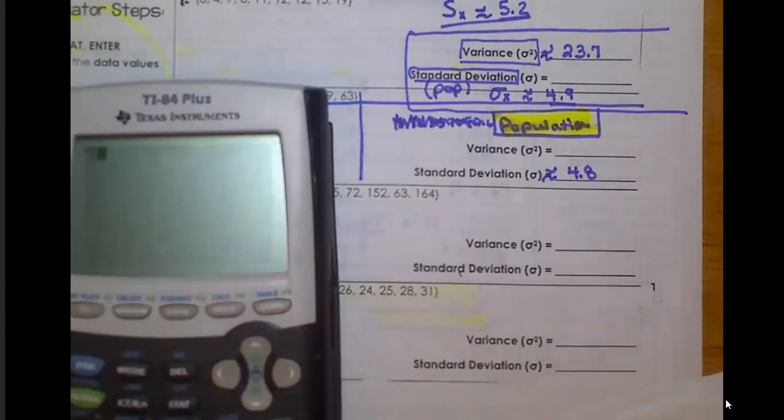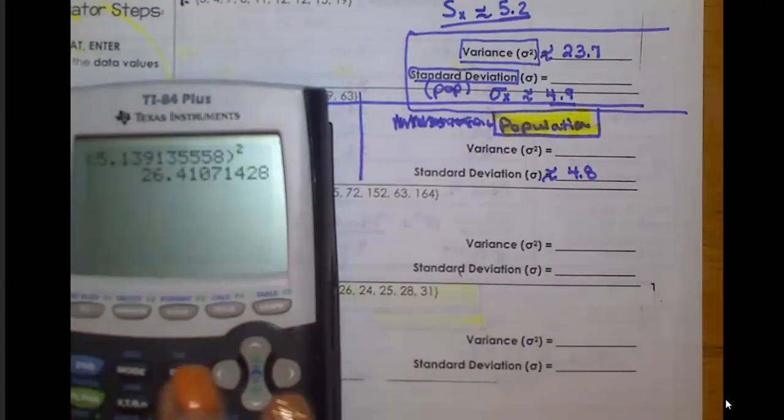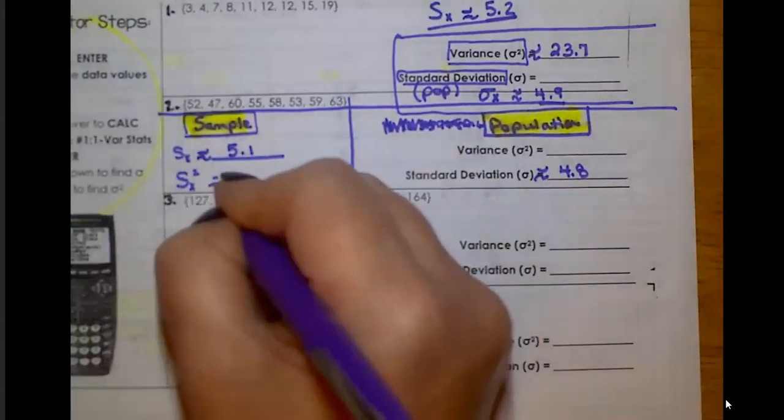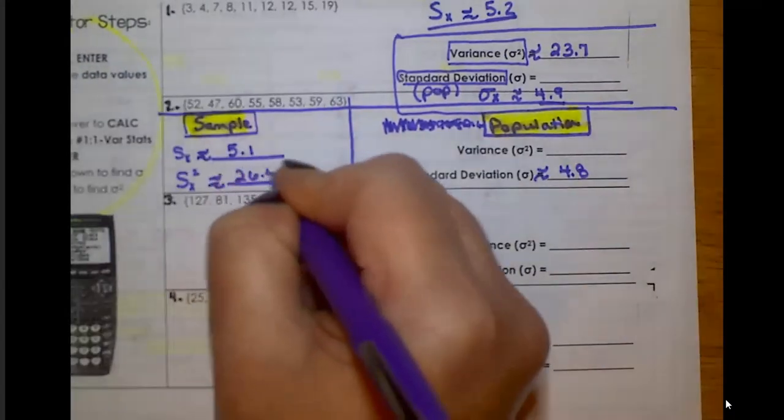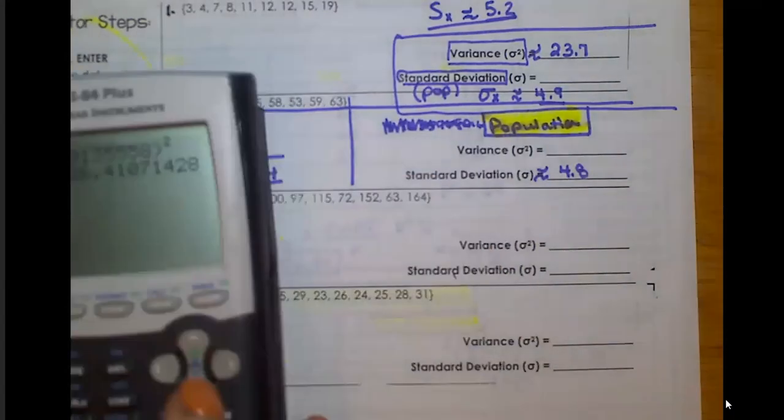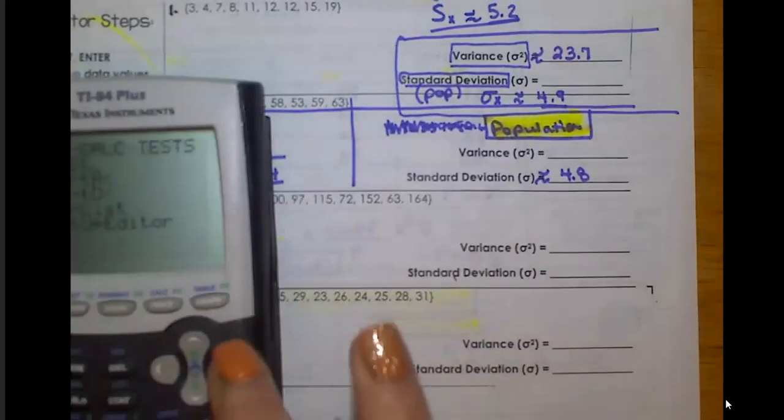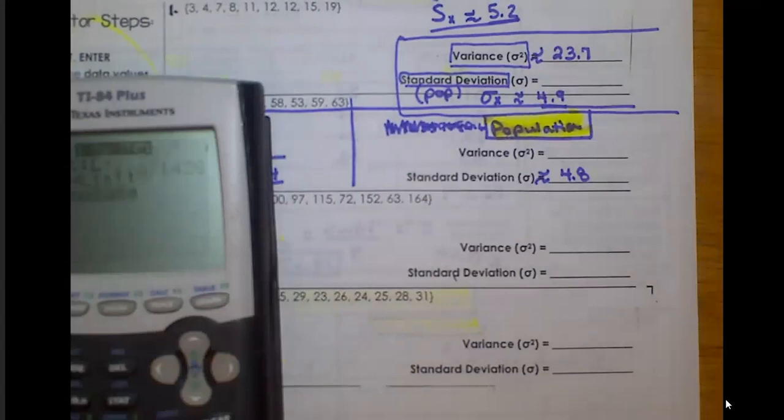And then I'm going to type that in. And when I square that, I get approximately 26.4. Okay, then I'm going to go back to calculate with that.